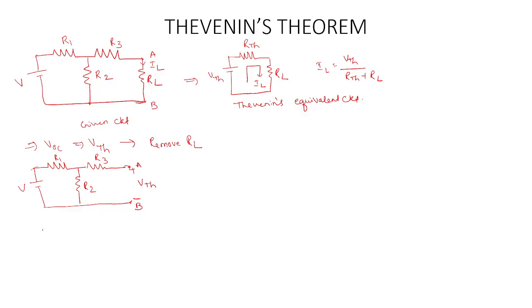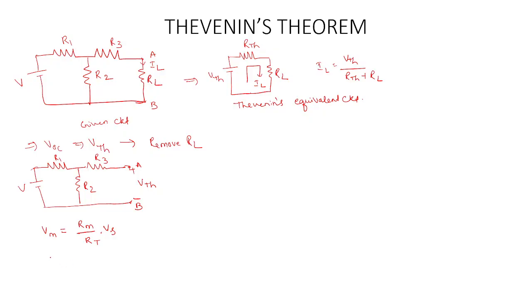We know that from the voltage division rule, if you want to calculate the voltage across the mth resistance, it is equal to Rm by R total into Vs. As this is open circuited, the current passing through R3 is 0. So V Thevenin is directly applied across the R2 resistance.